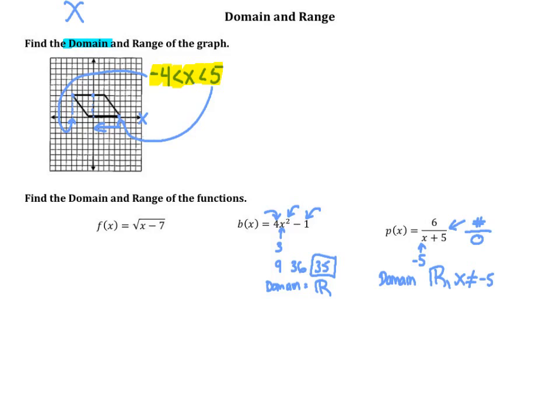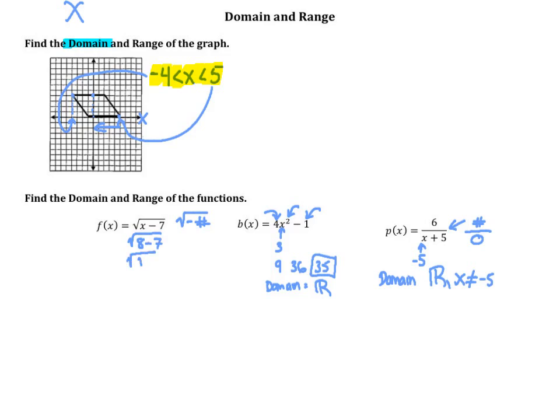Last but not least, the first function. I have this square root. One thing that you should know is that you cannot take the square root of a negative number. So what would make this a negative number? If I plugged in 8, 8 minus 7 would be 1.